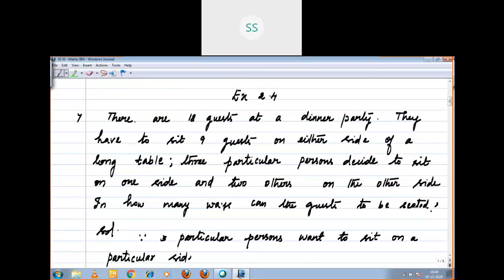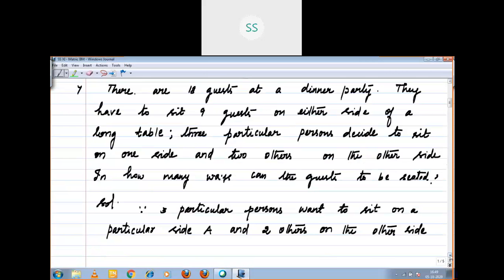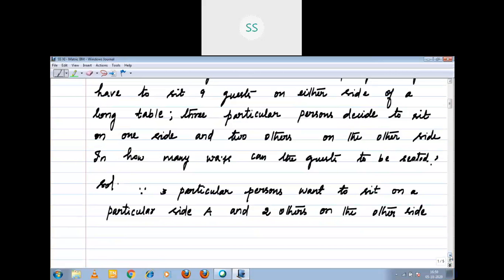So one side is A, another side is B, that we are considering, right? And two others on the other side B. Got it, children? Either side, one I consider as A, another one I consider as B for our understanding purpose.